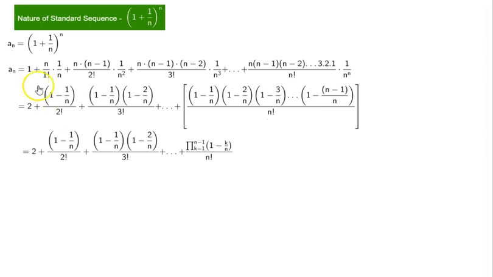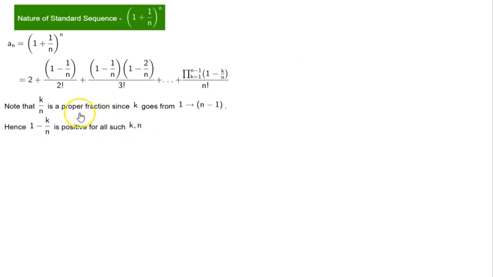So this is a_n. Note that k/n is a proper fraction, since k goes from 1 to n-1. Hence, 1 - k/n is positive for all such k and n.